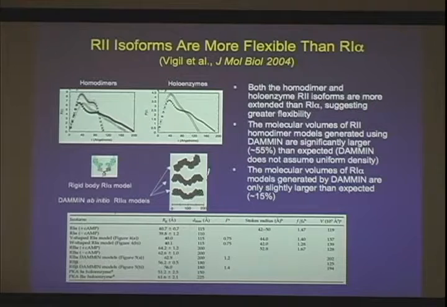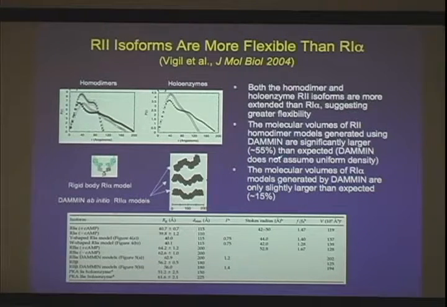So we went instead to this ab initio model using a program called Gammon, and we get a dummy bead model here. One of the noteworthy aspects of this model is, well, two things. One is it shows a very extended structure, but the other is that this model also has a volume that is significantly larger than we would expect based upon just the molecular volume or the molecular weight.